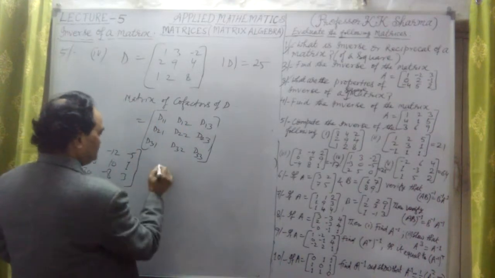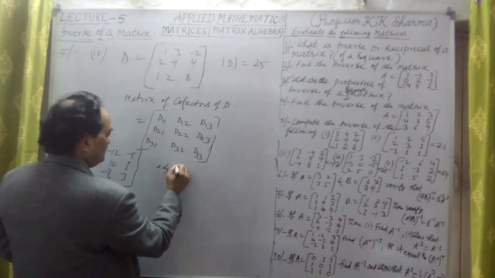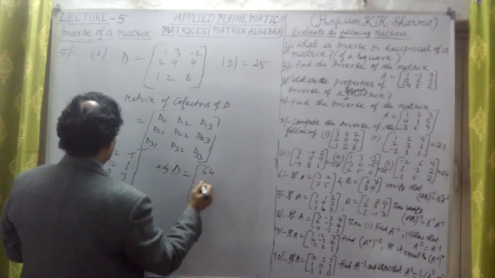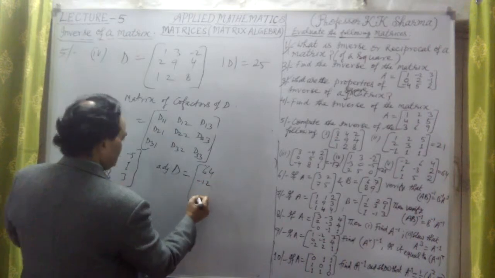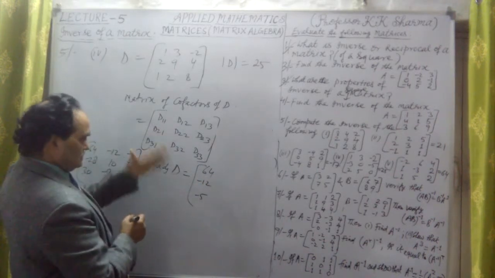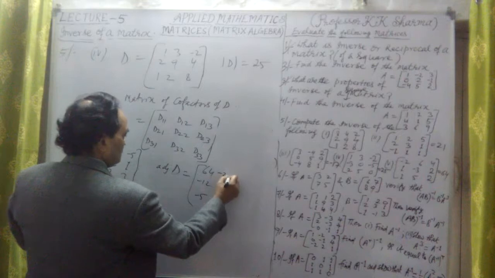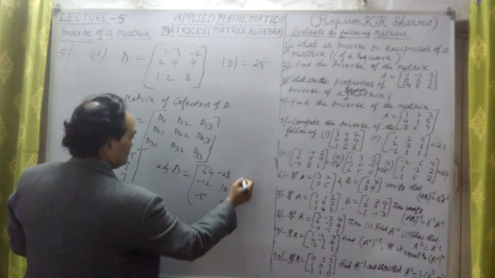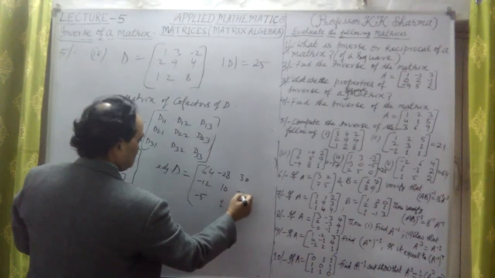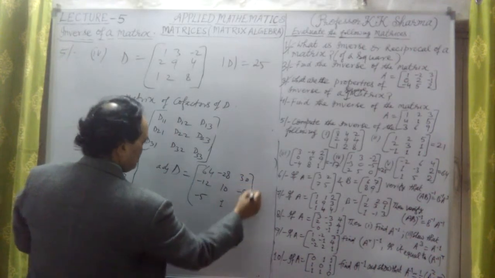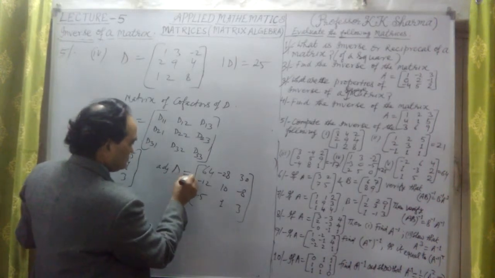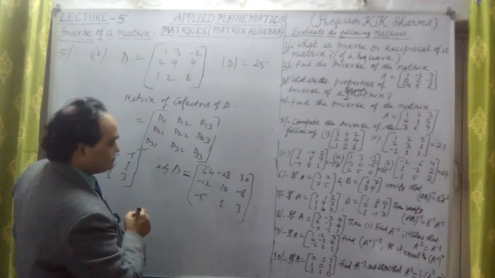Therefore, the adjoint of D is equal to the transpose: 64, minus 12, minus 5, taking the rows as columns. This is minus 28, 10, 1, 30, minus 8, 3.